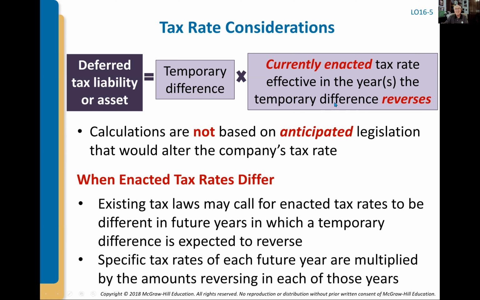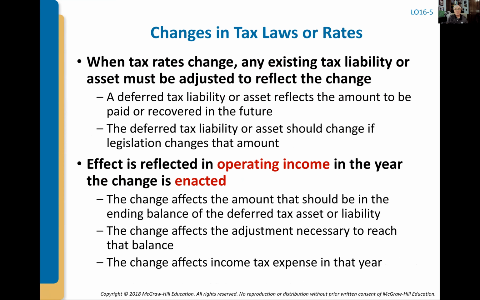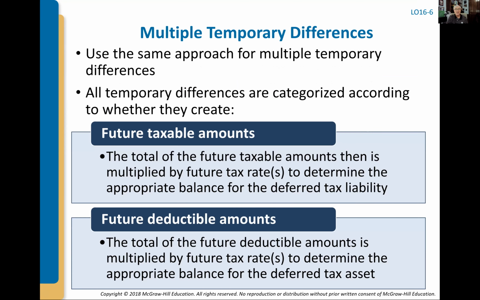And so imagine, there could be a big change in your DTA or DTL based on a change in the tax rate. And so that could be a significant change in your income statement, in your calculation of income tax expense. And so again, that only happens when the tax rate passes. I just talked about that.